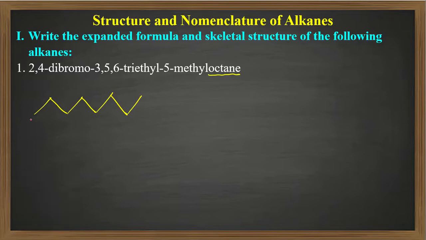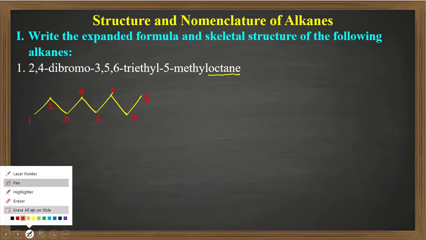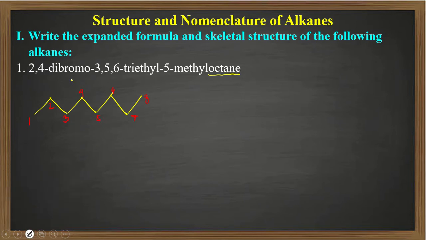So, I can put carbon number 1 here, carbon number 2, 3, 4, 5, 6, 7, and then we have carbon number 8 here. So, mayroon tayong mga substituents in carbon number 2 and carbon number 4. That is dalawang bromine atoms. So, we have here bromine. Ayan. Another, let me erase that one first.